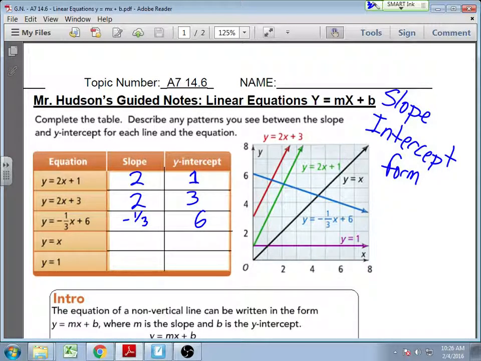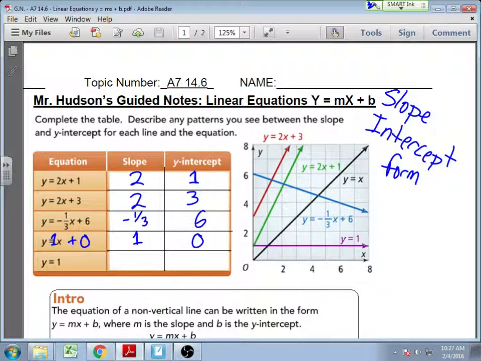X. What's in front of it? The coefficient in front of it would be a 1. Write it in there if you need. What's the y-intercept? Is there a constant added on? If there was, it would be a plus 0. So it's 0. Some of you might really benefit from writing in that plus 0.